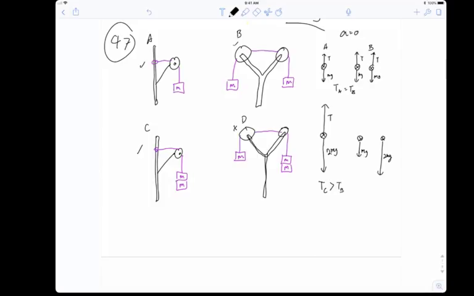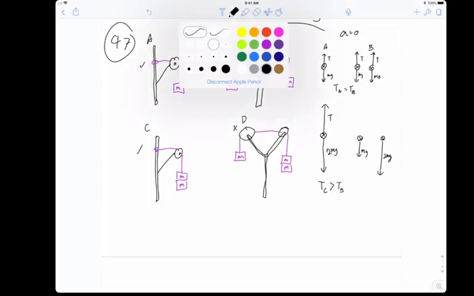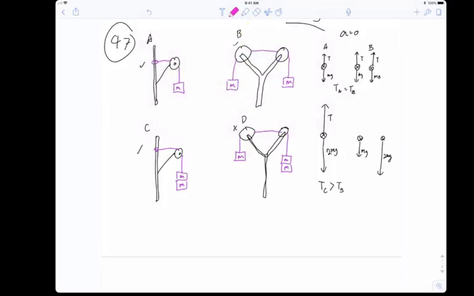What about their tensions? The tension here is going to pull this one up, and it's going to let these ones fall. But they won't fall as fast as they would in free fall. So the tension force here has to be bigger than mg, and it has to be the same size on this one. I'll call it TD, like the bank.